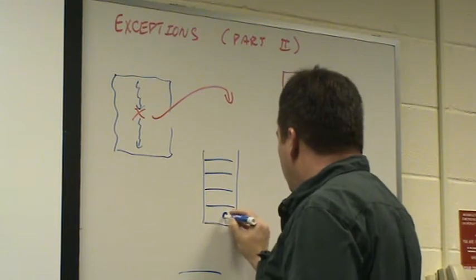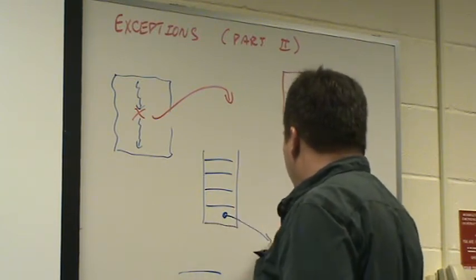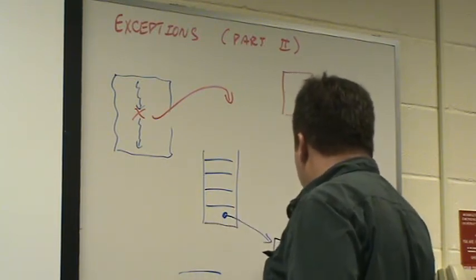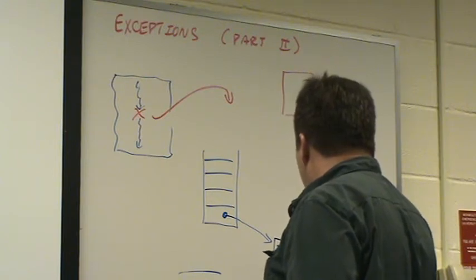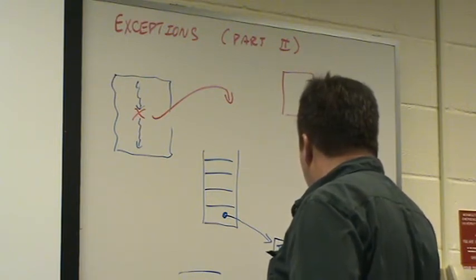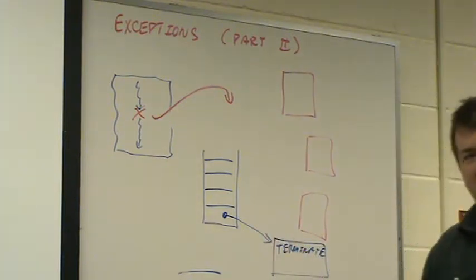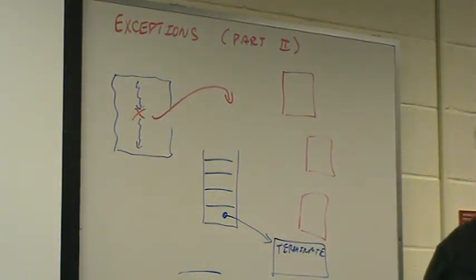Say, for example, we have a pointer to a routine called terminate, which is the operating system's kind of last resort. Anything that goes wrong that it really can't figure out how to handle, there'll be some code that runs there.